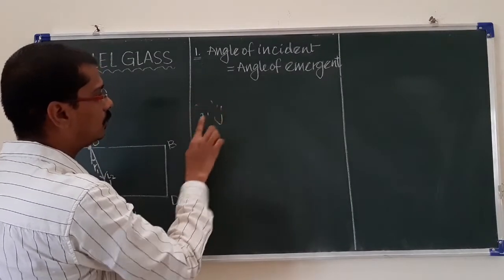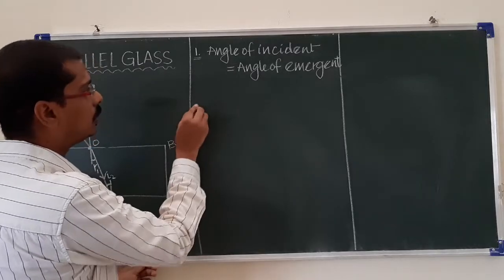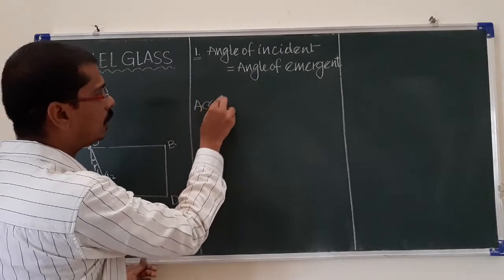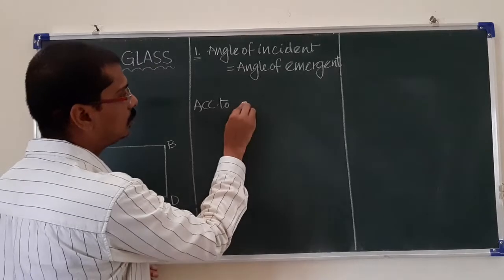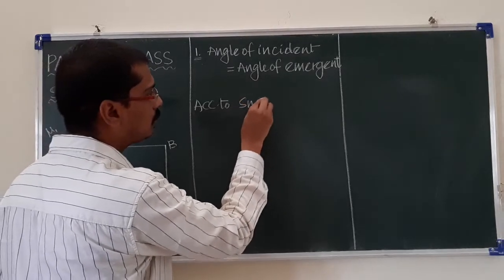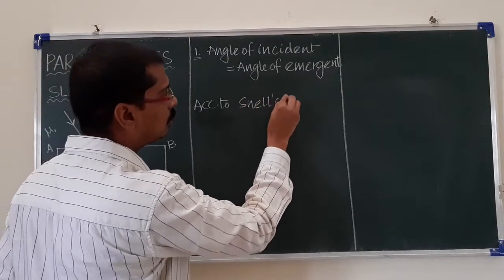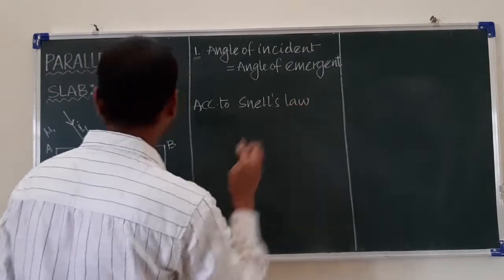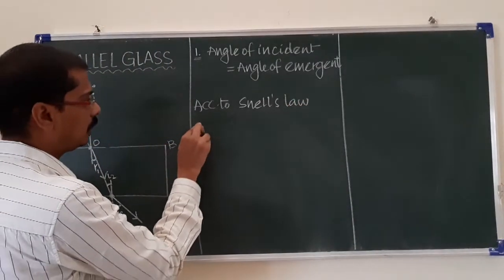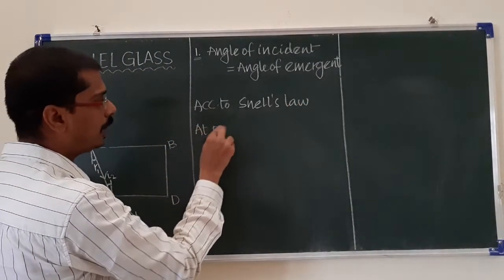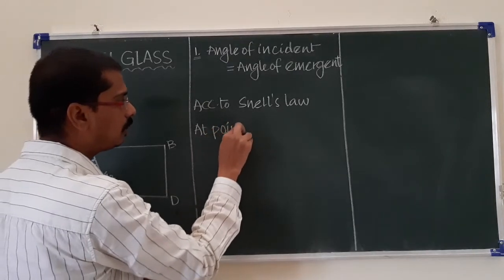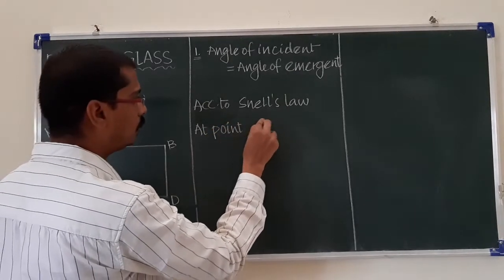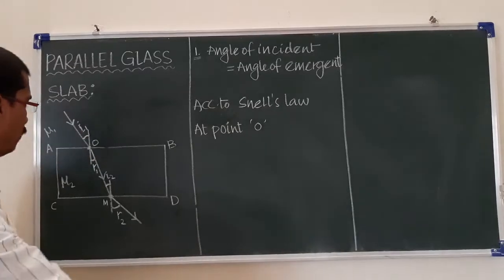Now I am writing according to Snell's law, at point O. At point O, what do we have to write?